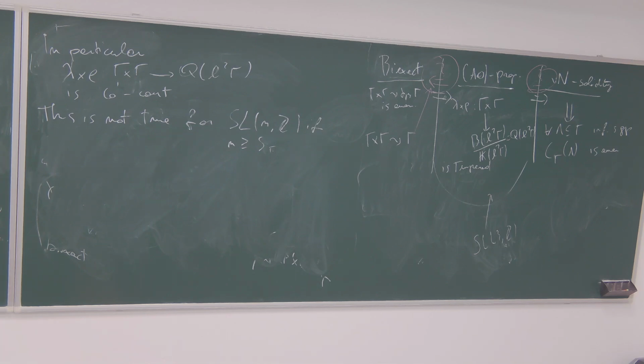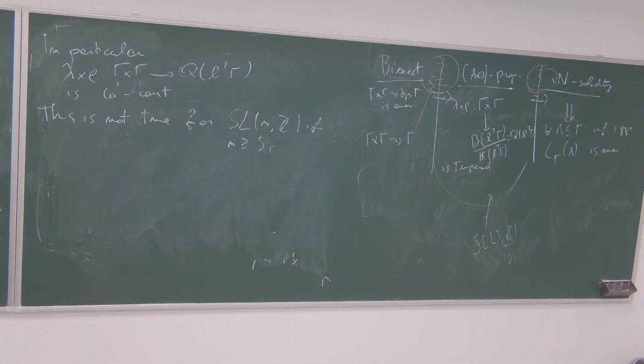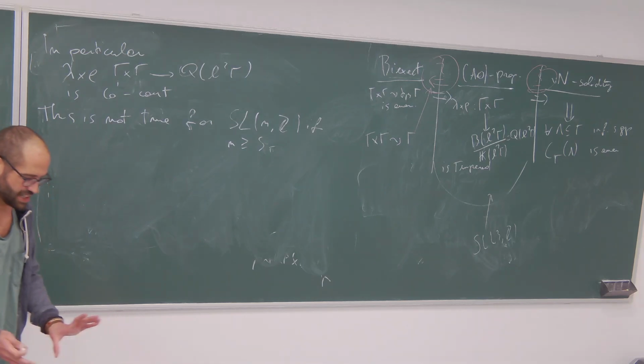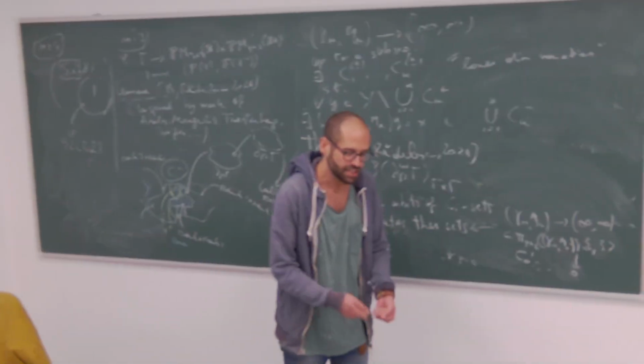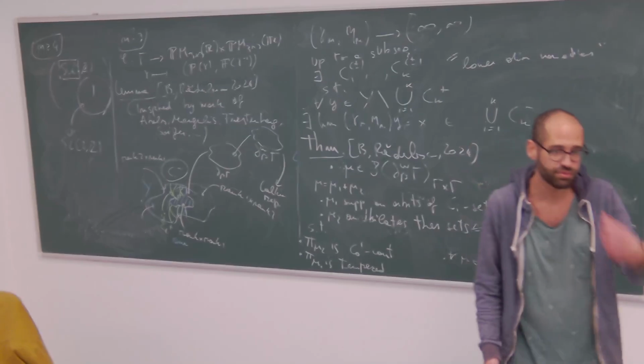What would you call mixing? Well, mixing, because you see, this means that the matrix coefficients are not exactly C0. So by mixing, I mean that the matrix coefficients will be C0.